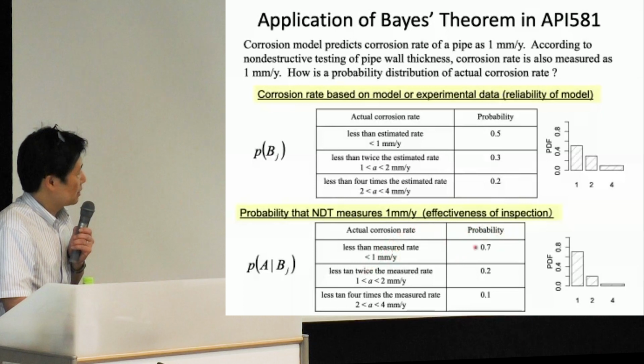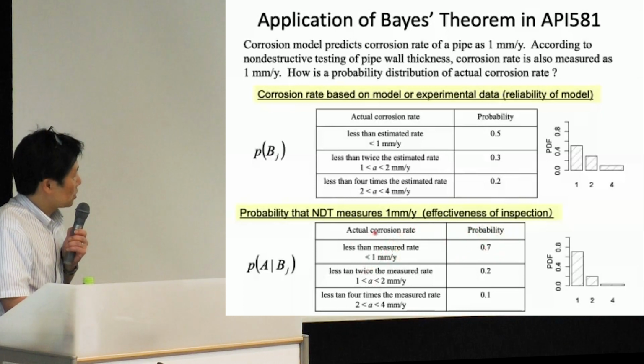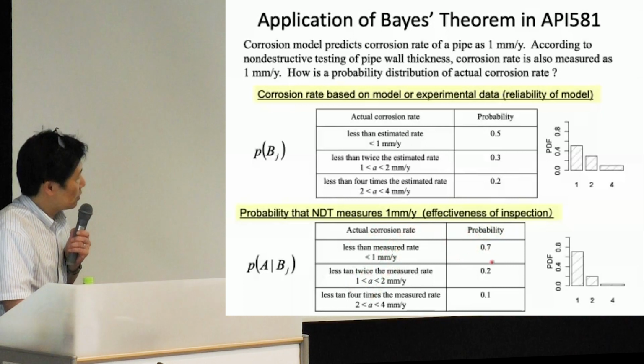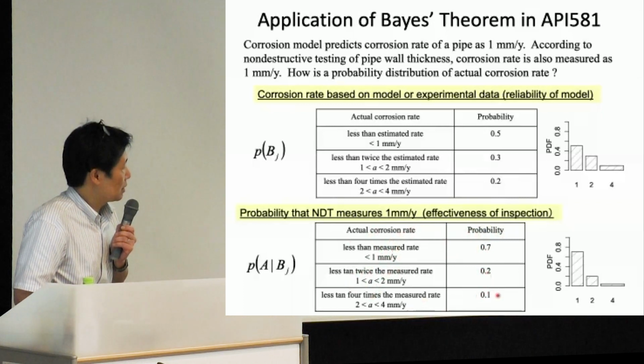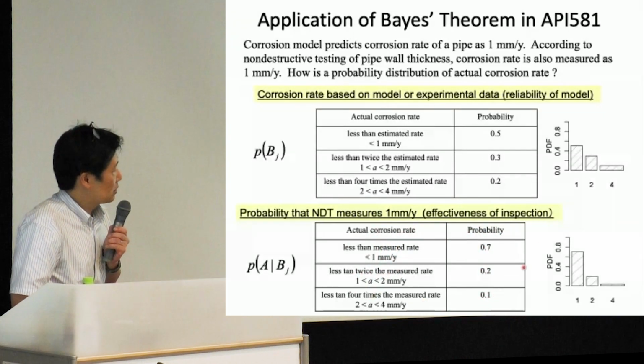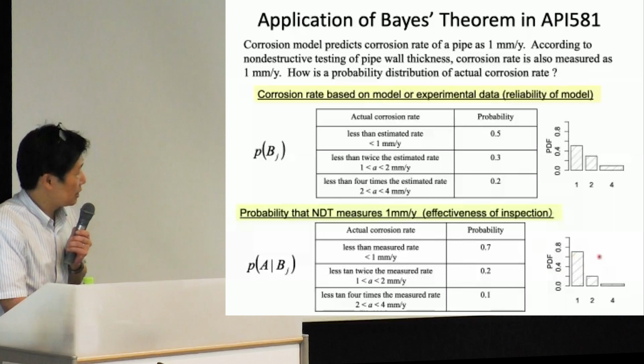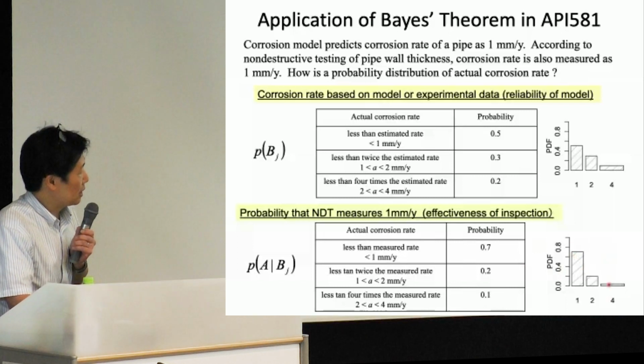Then, if the actual corrosion rate is less than twice the measured rate, in this case we assign 20%, and for 4 times, 0.1. So the probability density function becomes like this.